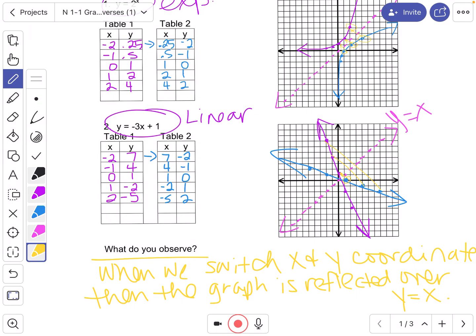Okay, so anytime we switch x and y, we graph both of them, the original and then whatever we switch, that is going to be a reflection over the line y equals x.